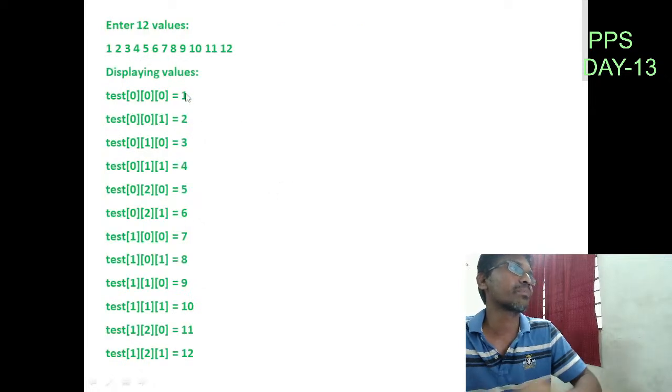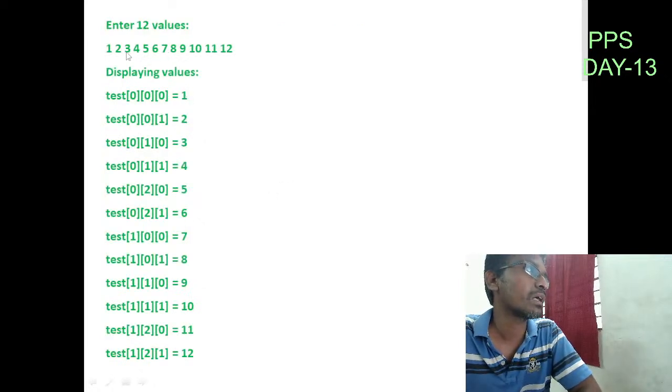So this is an example. I'm going to read 12 values, 1 up to 12. Then it will display like this. The first element will be stored at index 0, 0, 0, that is the 0th block, 0th row, and 0th column. It will store 1.